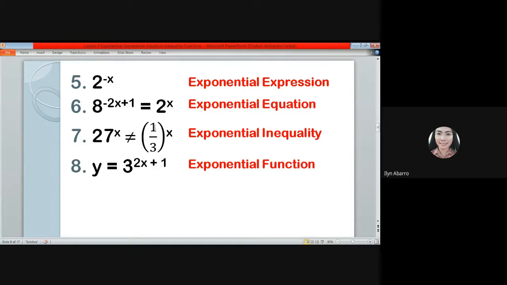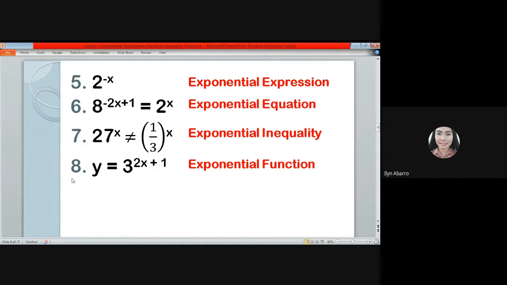On the right side, 1/3 is greater than 0 and not equal to 1, so that is also a check. It was not said that the base must be only whole numbers, but all real numbers greater than 0 up to positive infinity except 1. And we also have a variable in the exponent, which is x. So, therefore, this is an exponential inequality.